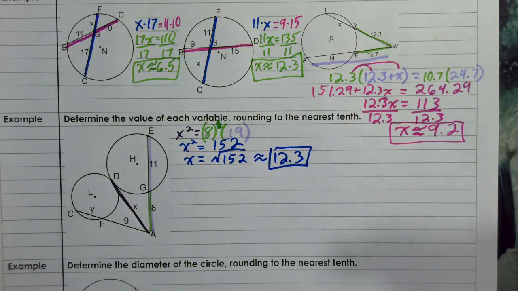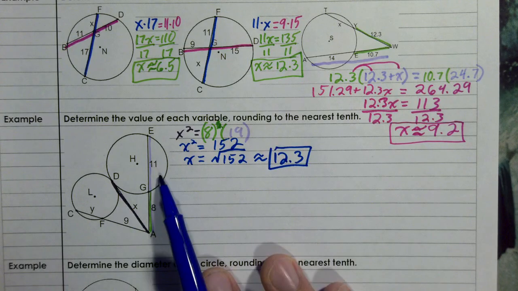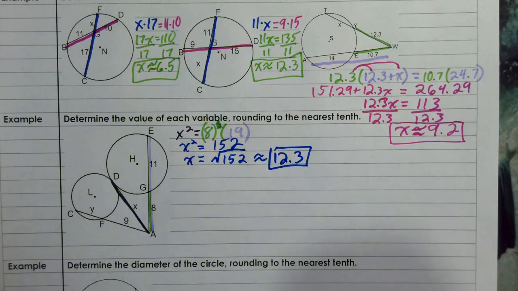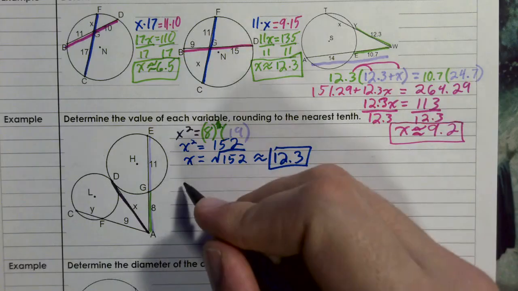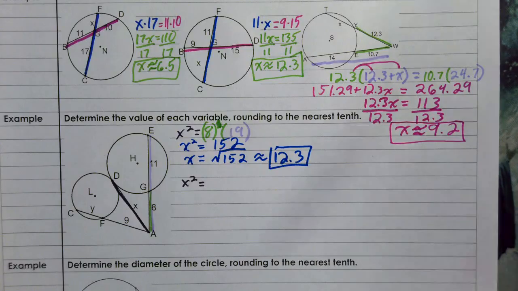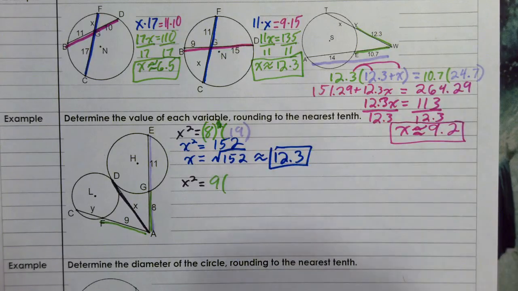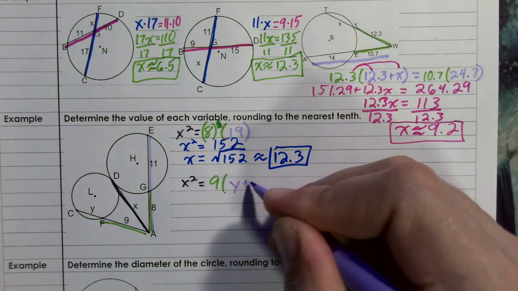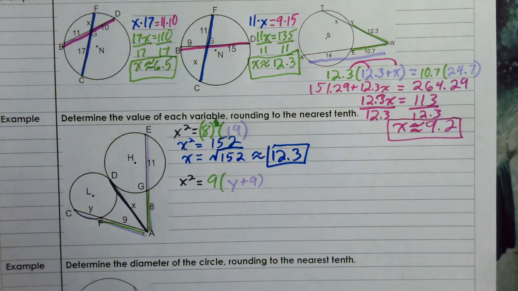I can use that same idea in order to figure out what's going on for y, because just as x is tangent to this circle, x is also tangent to this circle over here. So I can say this x squared being 152 has got to be equal to my outer part over here, which is 9. I'm going to multiply it right this time. The whole part, which is going to be y plus 9. Well, I know what x squared is.